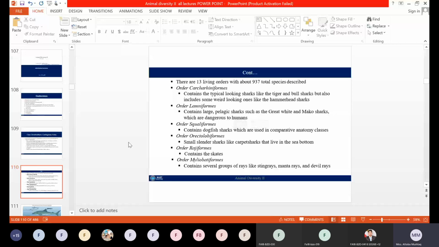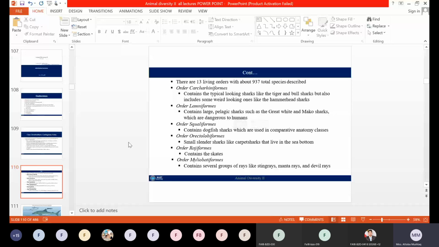The members of subclass Elasmobranchii either have no scales at all, or they have placoid scales. ठीक है, या तो इनकी बॉडी के ऊपर कोई स्केल्स प्रेजेंट नहीं होते, या they have placoid scales that are present on their body. So there are almost 13 living orders with about 937 total species that are described.